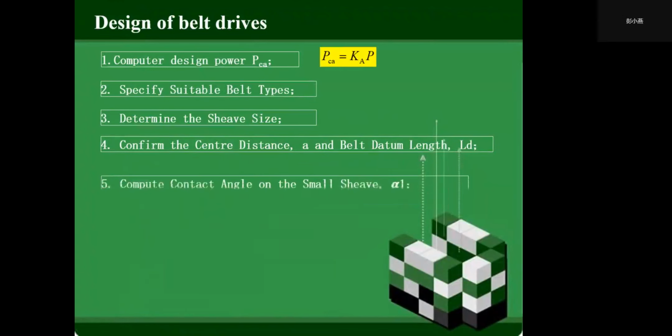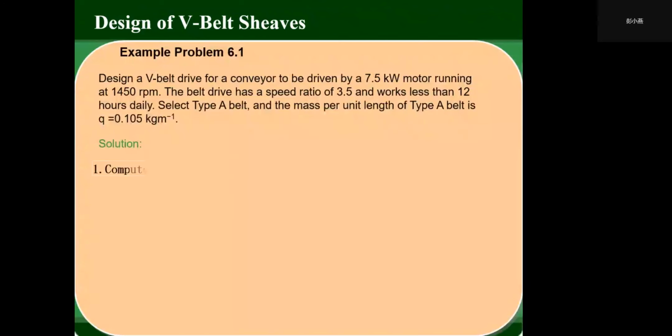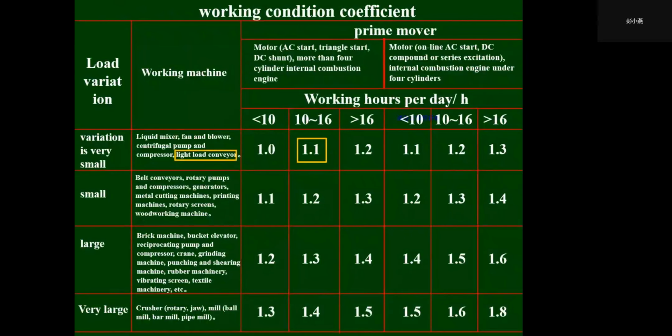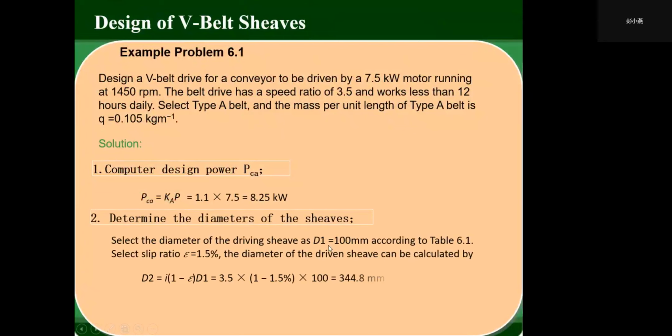You also can choose other types. And in our example, it chooses A type, and then it chooses a diameter D of 100 millimeters, so it's a standard diameter according to table 6.1.